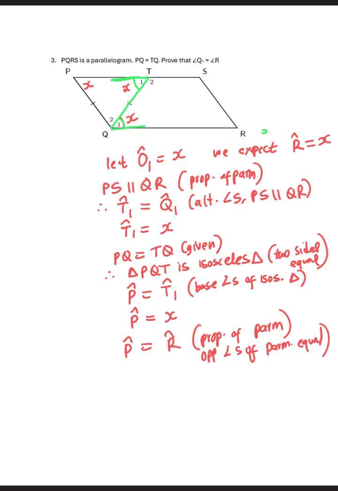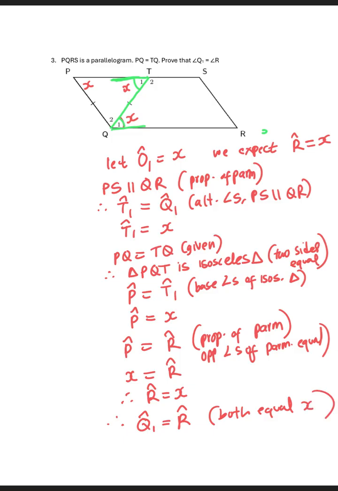Therefore, it follows that X is equal to R. Therefore, angle R is equal to X. Therefore, we can make a conclusion that Q1 is equal to angle R. They are both equal to X. Then we have proved it. This is the end. That's what we wanted to prove.